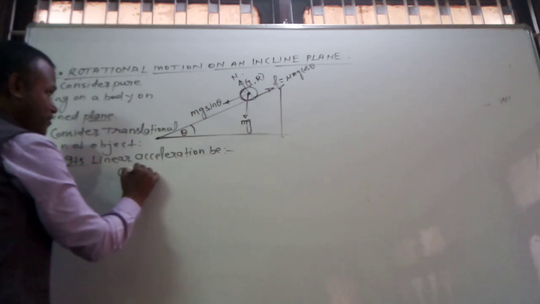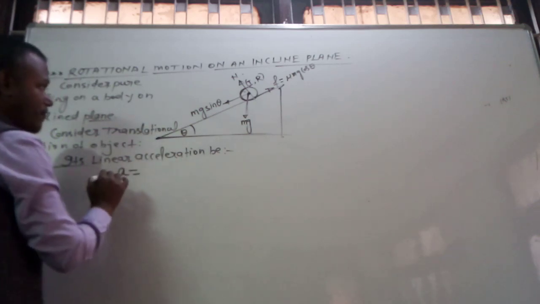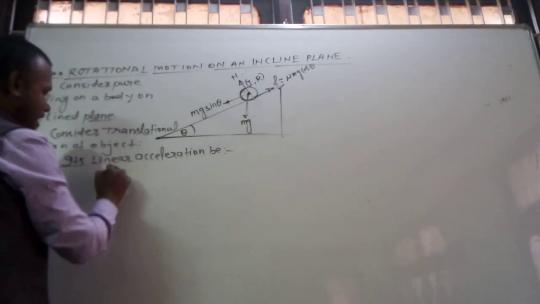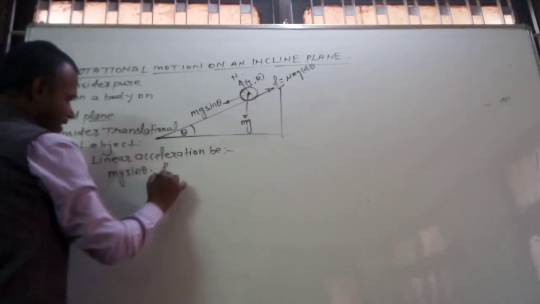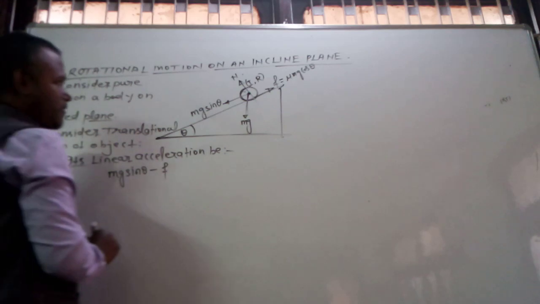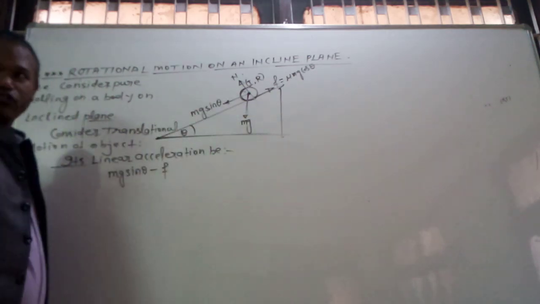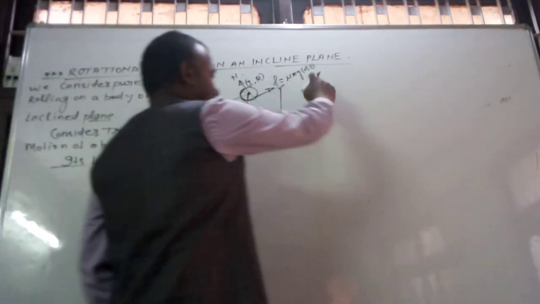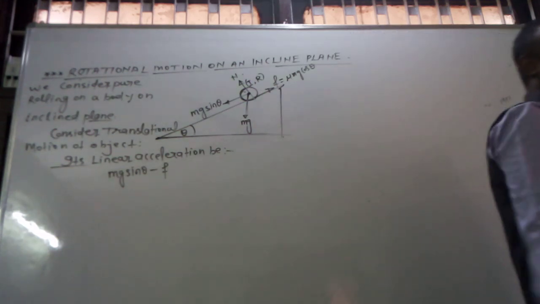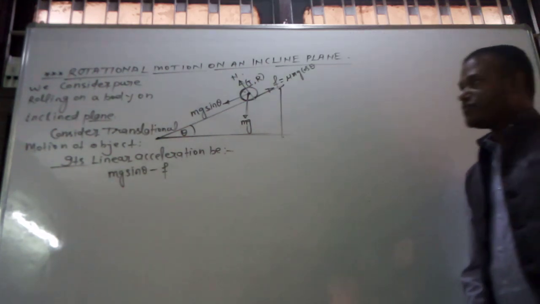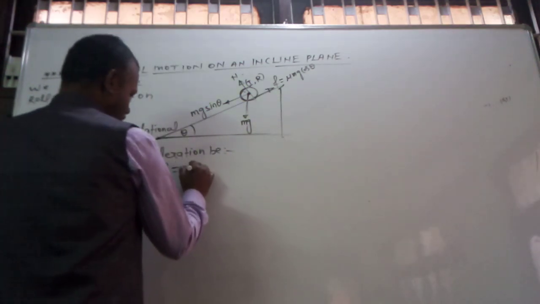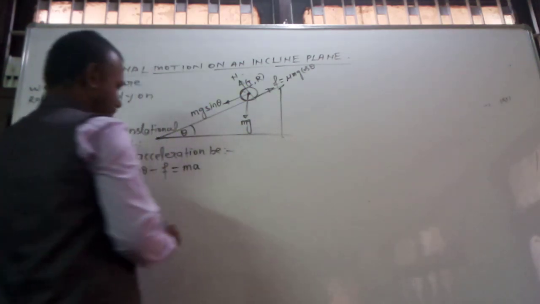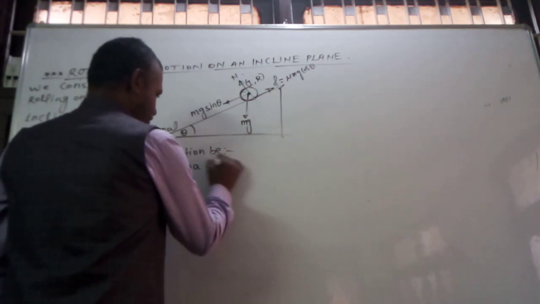A must be equal to, or we can write here, mg sin theta minus F. mg sin theta acts in the downward direction and F, the friction force, in the upward direction. So mg sin theta minus F will be equal to mass times its acceleration. And this is our equation 1.